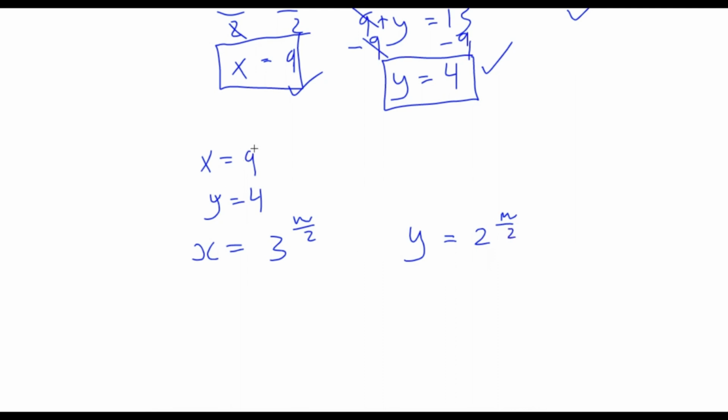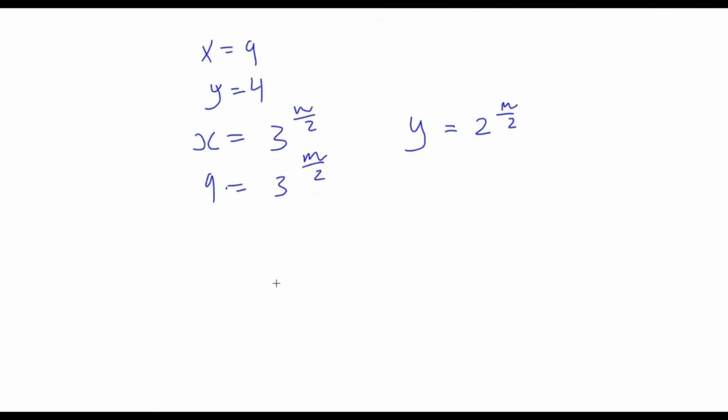So now we can simply plug in 9 and 4 for x and y. Let's first start with x equals 3 to the power of m over 2. If we plug in 9 for x, we get 9 is equal to 3 to the power of m over 2. Now, 9 is the same thing as 3 squared, right? So now we get 3 squared is equal to 3 to the power of m over 2.